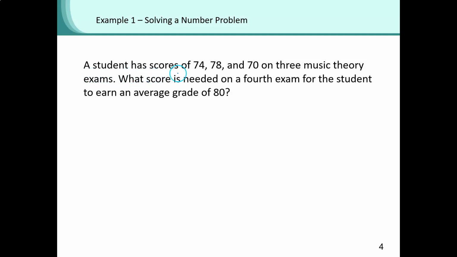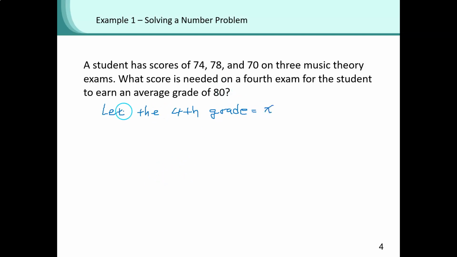A student has scored 74, 78, and 70 on 3 exams. What score is needed on a 4th exam for the student to earn an average grade of 80? So let the 4th exam grade be x.